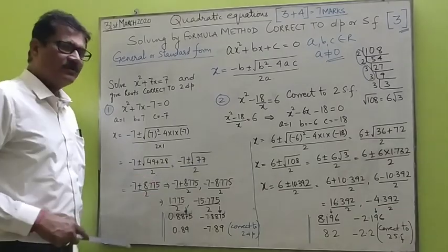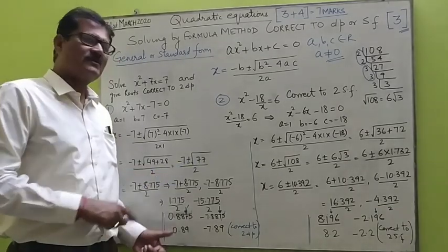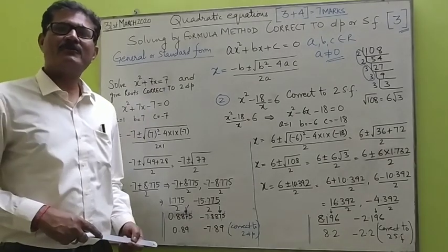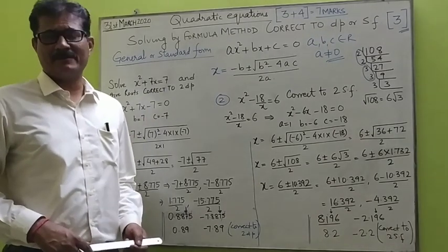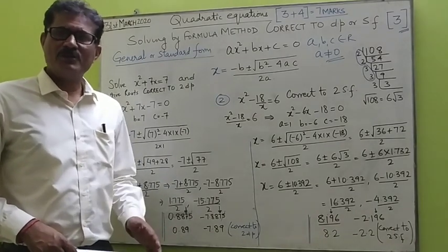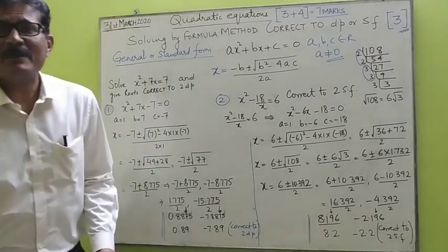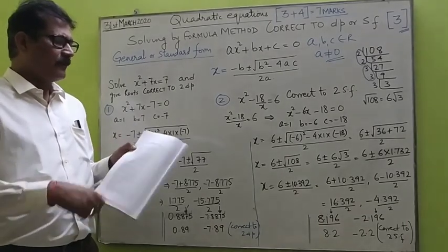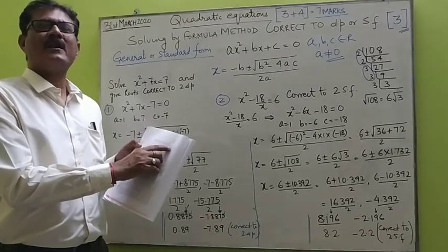Now to find out the square root of an irrational number which will come in this formula method, you have to use mathematical tables in the examinations, whereas when doing it at school or at home you need your book. At the end pages of your book you will find there is a table, written on the top is square roots from 10 to 100.